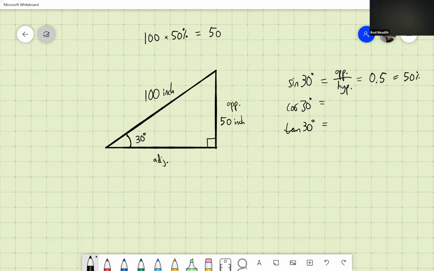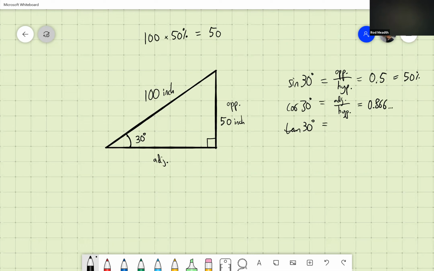For cosine, cosine is adjacent over hypotenuse. And so you tap out, what is cosine of 30 degrees? Well, it is 0.866 and more numbers beyond that.